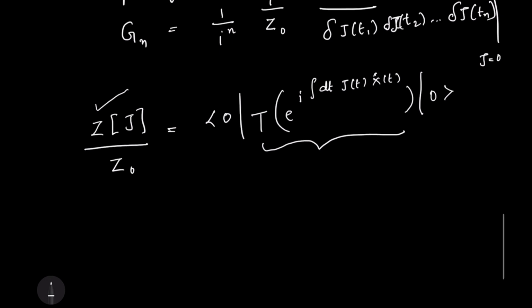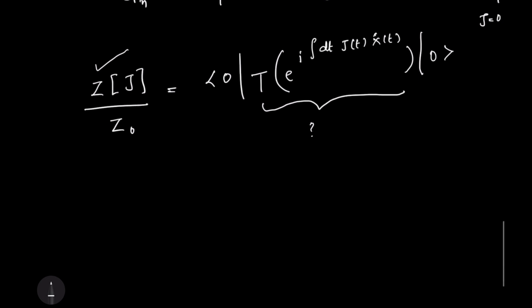So what is the importance of the time ordering of this exponential? The power series expansion of x of t in the exponential is a polynomial, and each object of the polynomial can be time ordered.